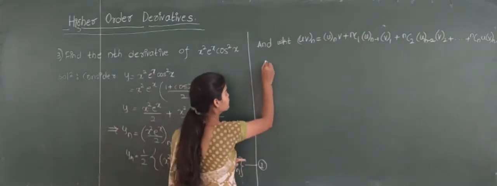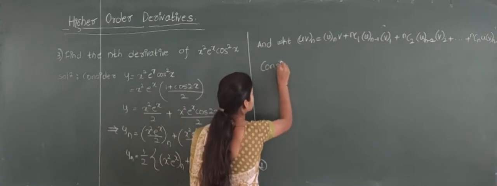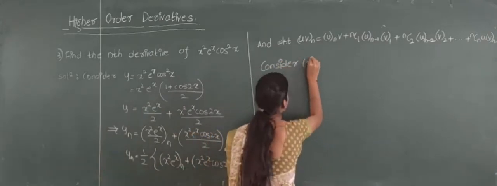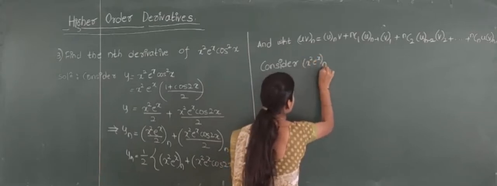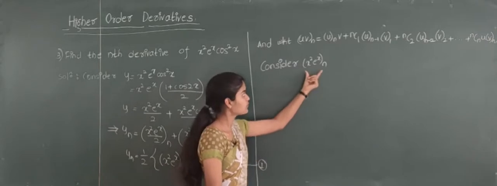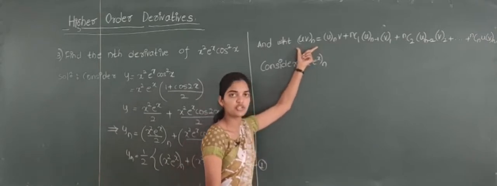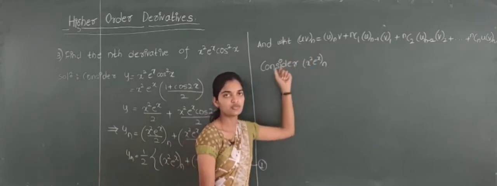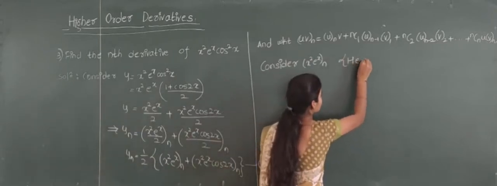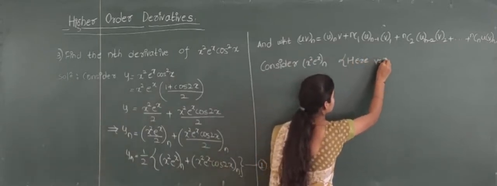So for that, first I will consider this term, that is, the nth derivative of x square e raised to x. Now for this term you have to apply the nth derivative of u into v formula, and here I will consider v as x square.